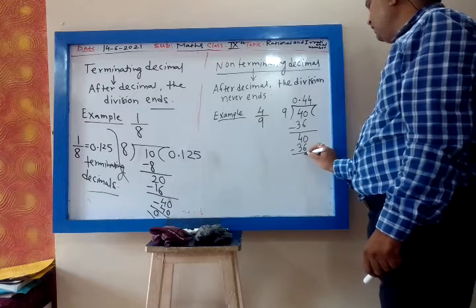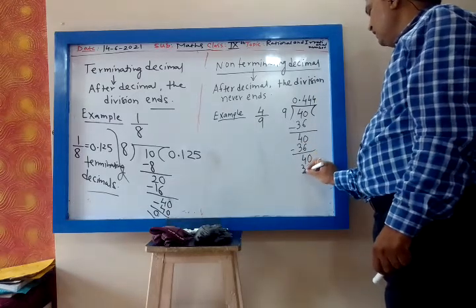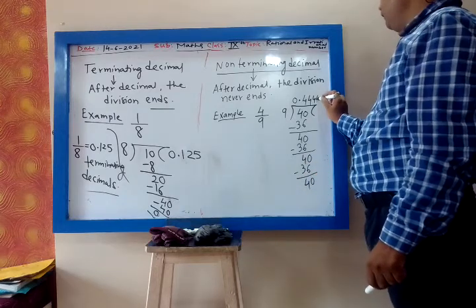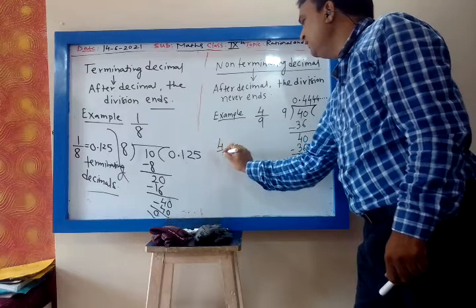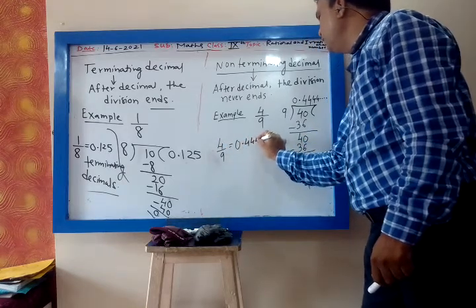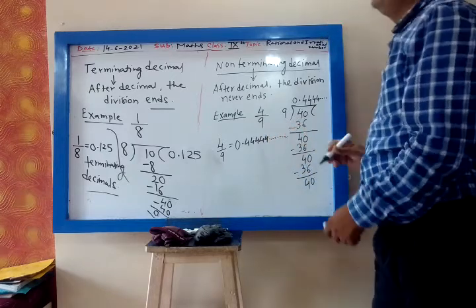Again it is 40, correct. So this is 4, 4, 4, 4, 4, 4. So 4 upon 9, I can write 0.44444444. So this division never ends, correct?